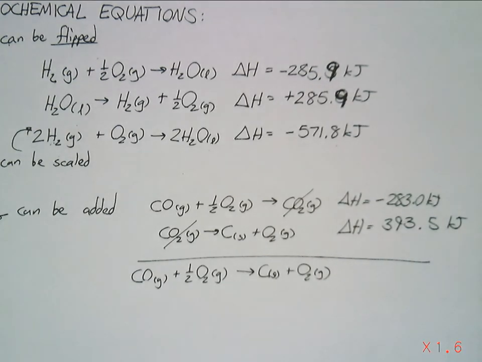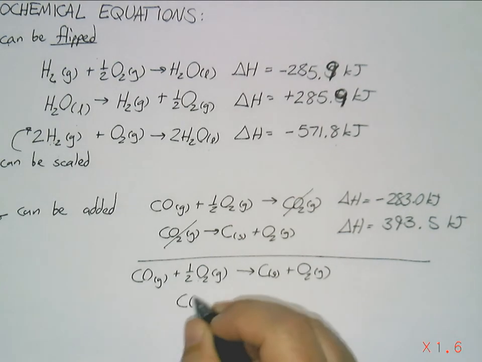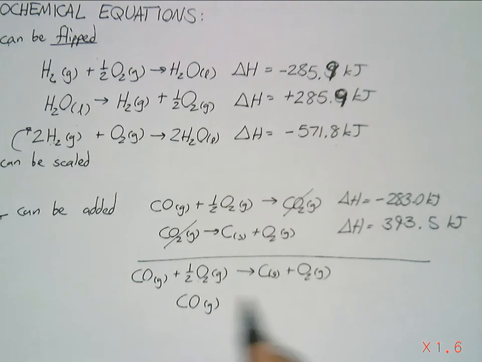Now notice that I've got O2 on both sides here. If I subtract 1/2 O2 from each side to get rid of it, or if I look at it this way, half of this O2 will cancel out half of that O2.